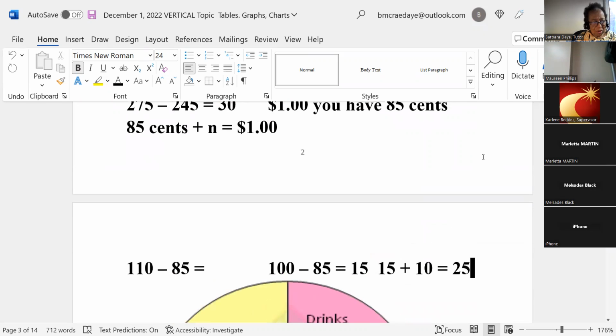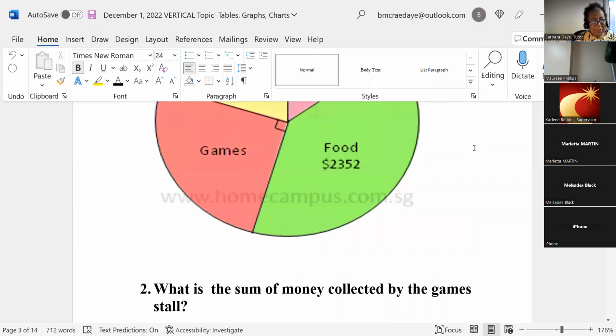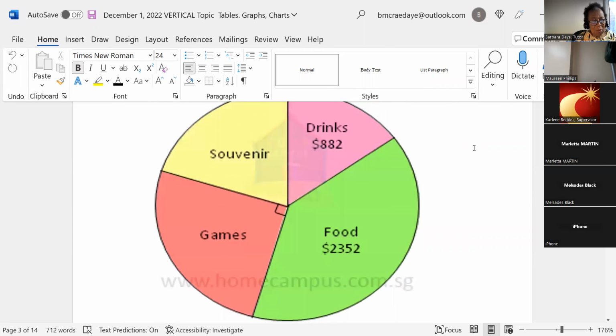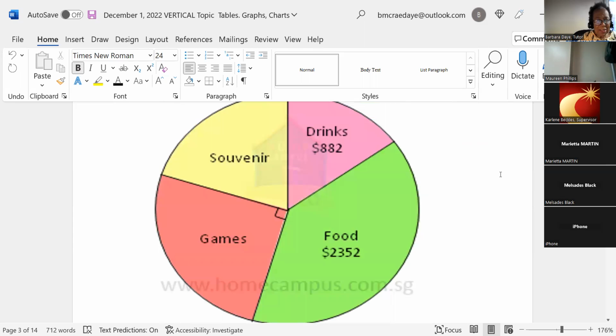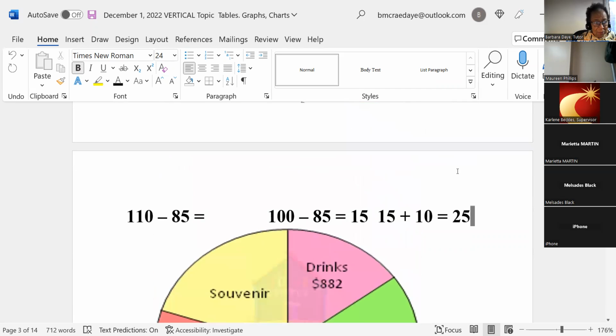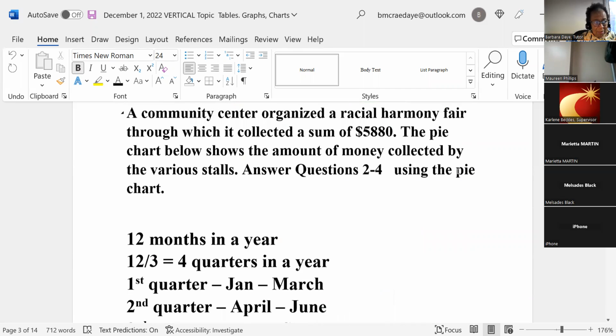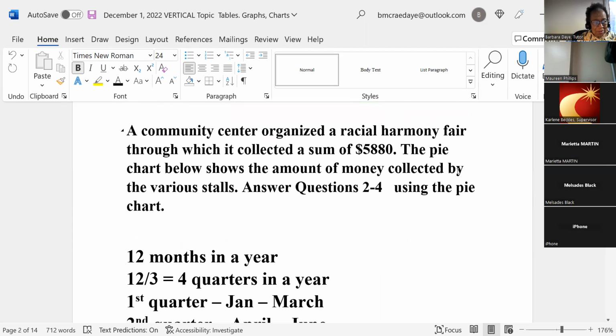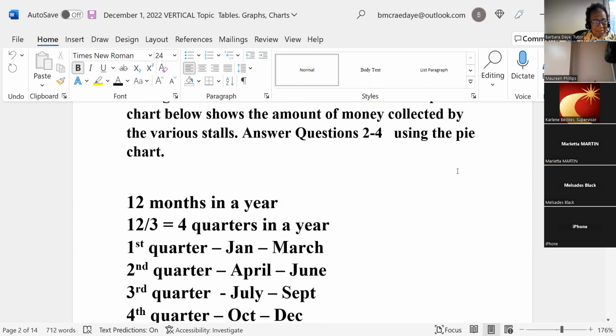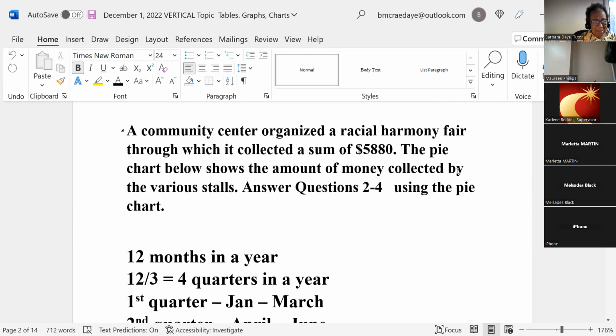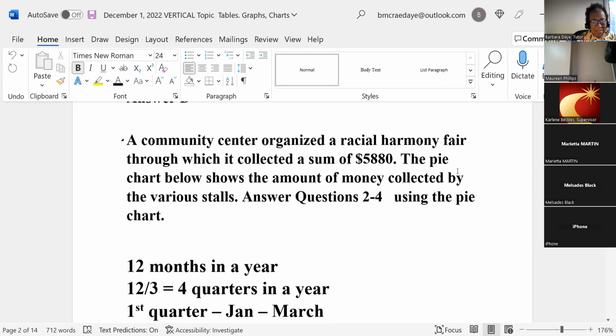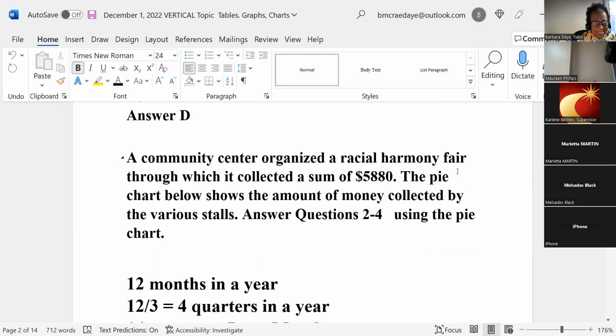Oh boy. What is this? Now, this was one, remember I said you don't always have the value in the pie chart. And guess what I did? A lady came to my house and I was doing my homework. We were chatting. I put the wrong answer and I sent it to you.